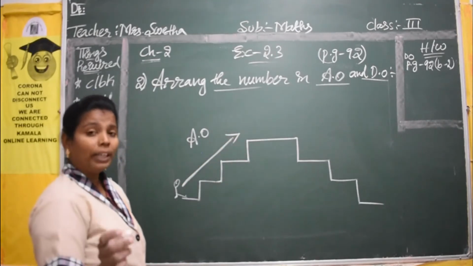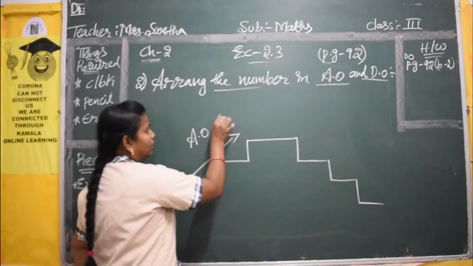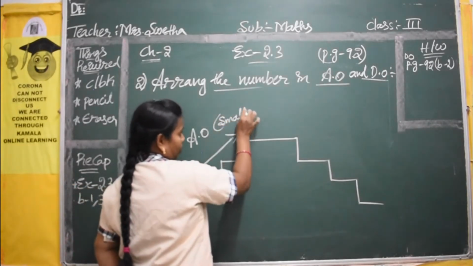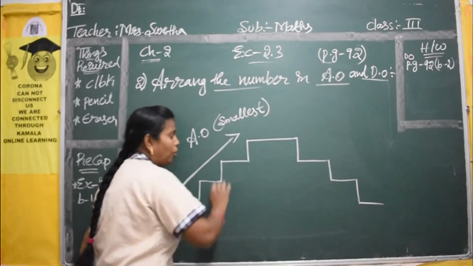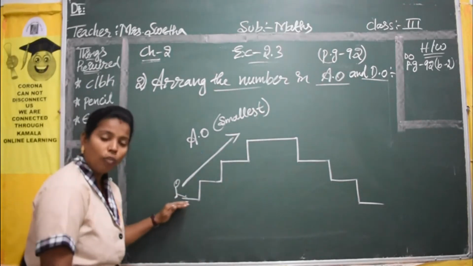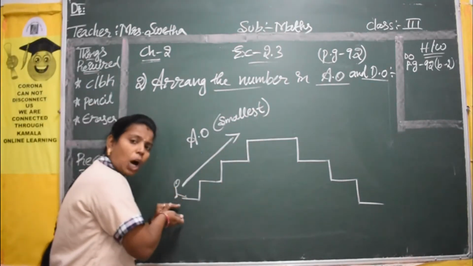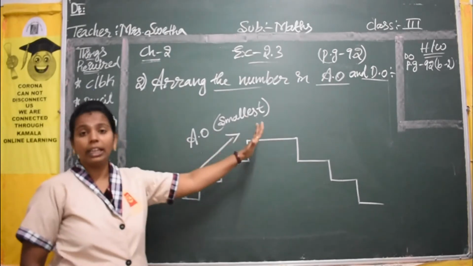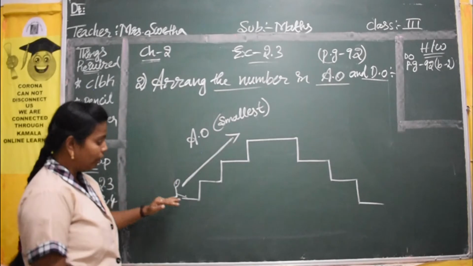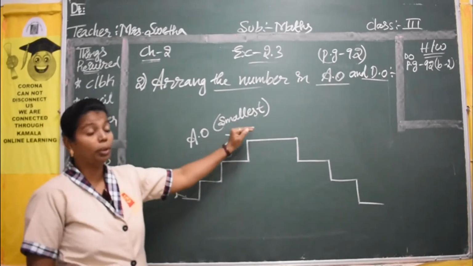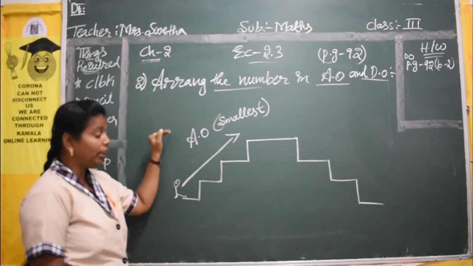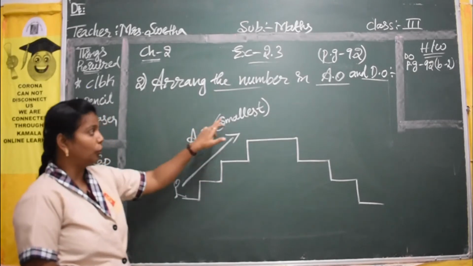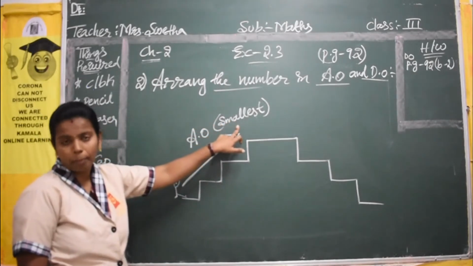Where you always pick the smallest number. Why? Because you are going up from the lower place, from the small step. So remember, ascending order means getting on the stairs, from the smallest number to the biggest number. Every time in ascending order you pick out the smallest number.